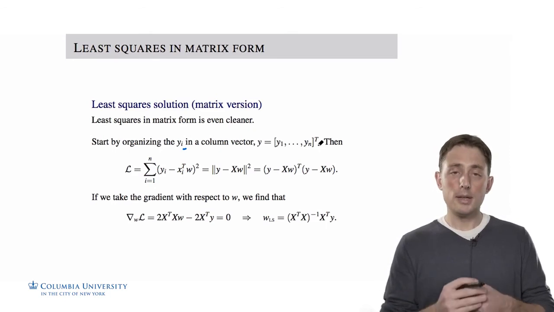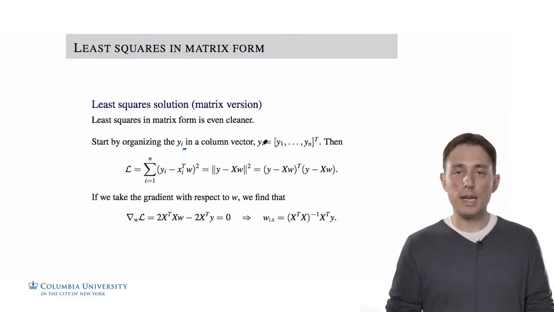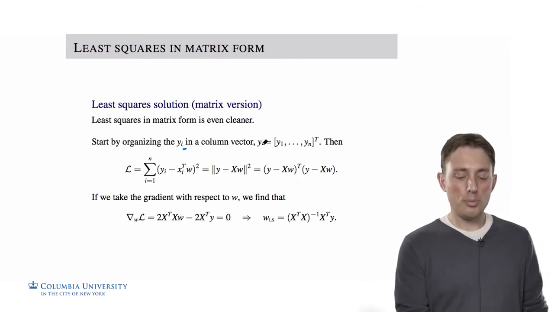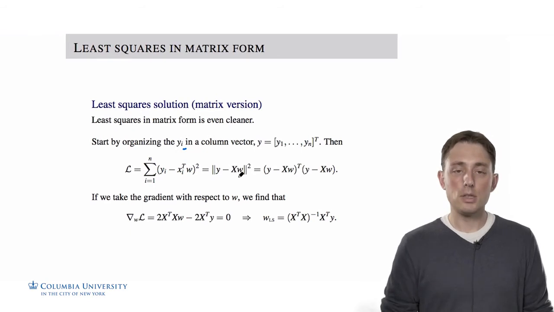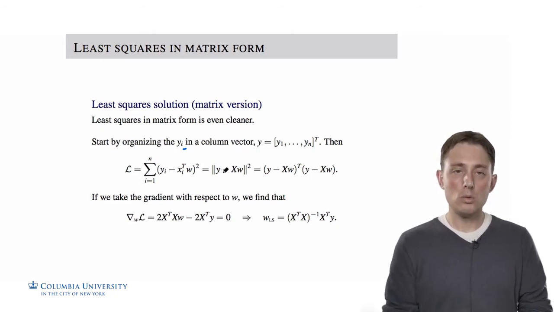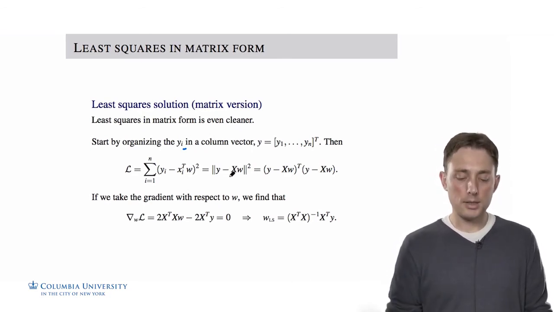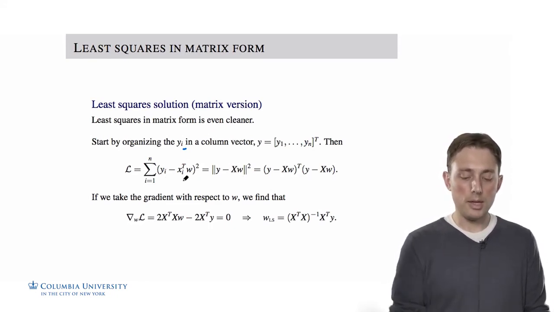So y now is an n-dimensional column vector of all of the outputs, and we're approximating that vector with the matrix X times the vector w. So X, remember, is an n by d plus 1 matrix, and so the ith dimension of y is approximated by the ith row of X times the vector w, which is simply what we have written here.